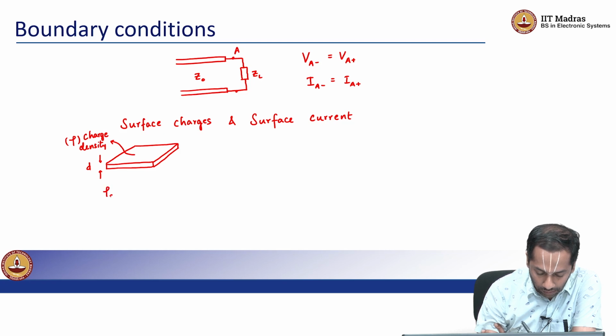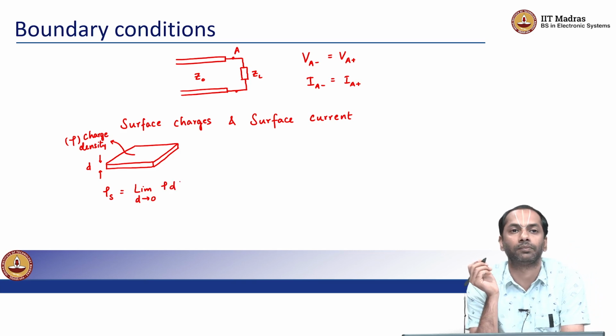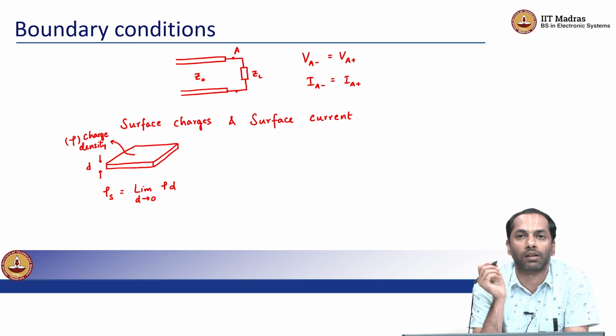So I call the surface charge density rho s essentially in the limit d goes to 0 of rho times d. Of course as d tends to 0, rho has to go to infinity in order to have a finite value for rho s.